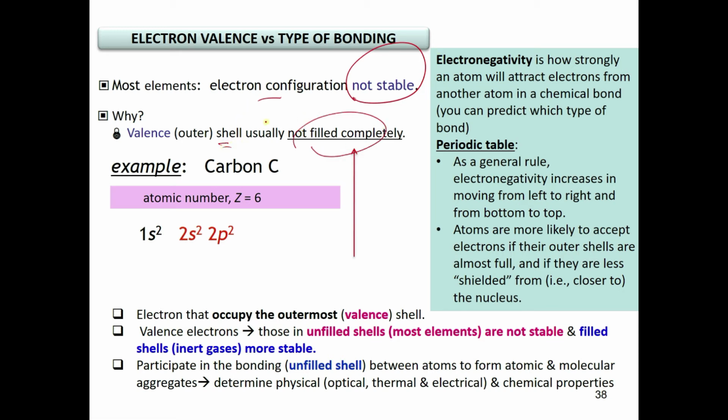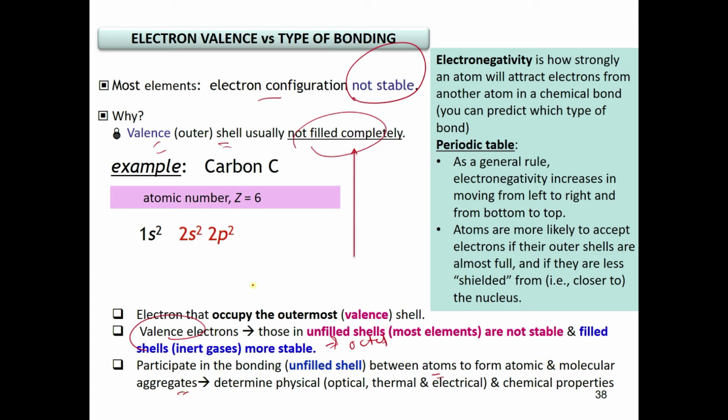The outer shell can be considered as the valence shell. The electrons that occupy the valence shell, or the outermost shell, we know as the valence electrons. They fill up a shell which is not stable and has not reached the octet. So these electrons can participate in the bonding between atoms to form atomic and molecular aggregates.